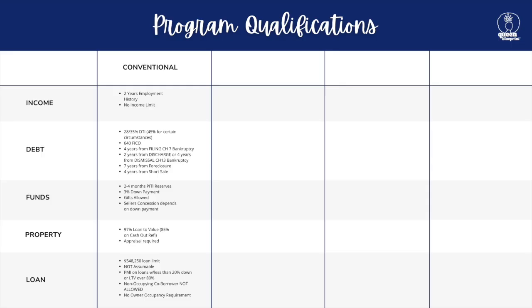So your down payment for a conventional will typically be a 3% down payment. A what? 3% down payment. So for everybody who thinks you got to come up with $20,000 for a down payment, I don't know where people got that number from. 3% down payment, okay, for a conventional loan.